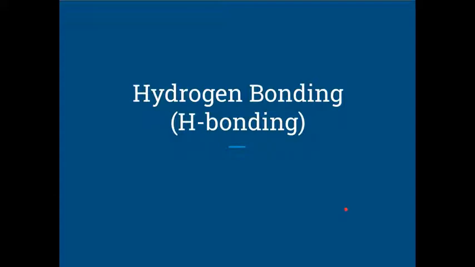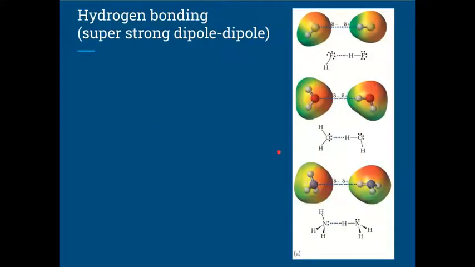The next type of polar intermolecular force we have is hydrogen bonding, sometimes written like this, H bonding. So hydrogen bonding is a super strong dipole-dipole. It is an example of a dipole-dipole, but it's so strong that it has its own category.